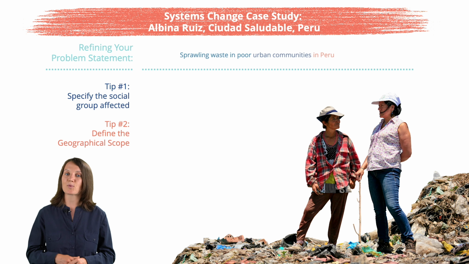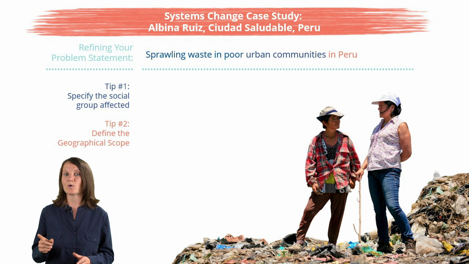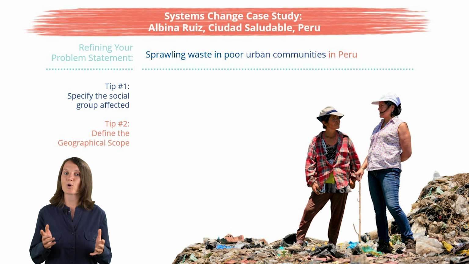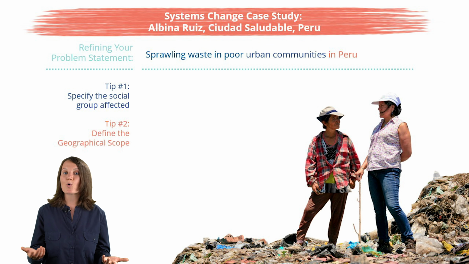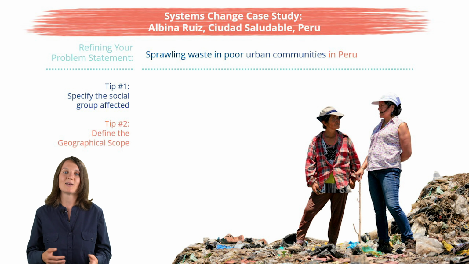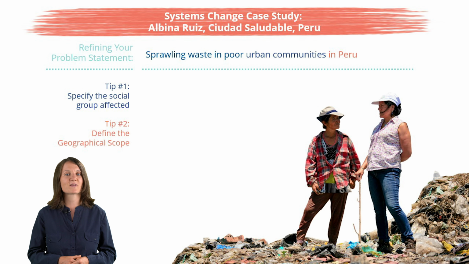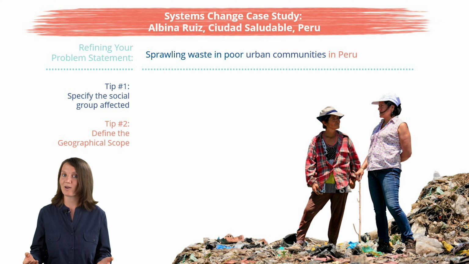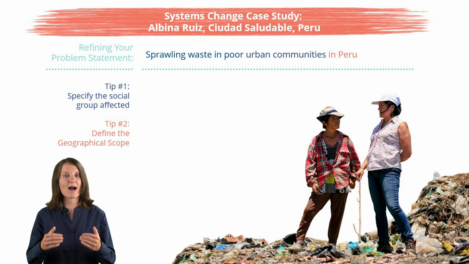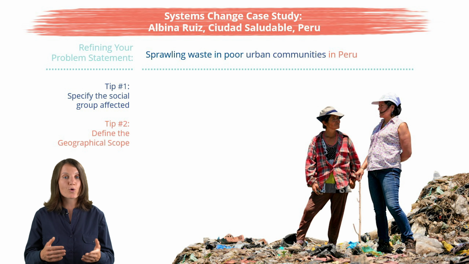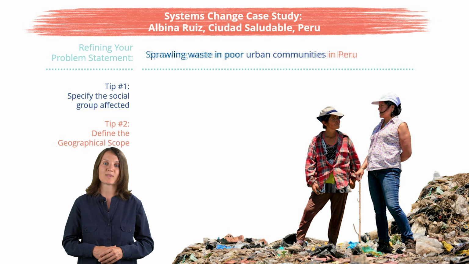Remember that a systemic approach does not necessarily equal big scale, national or international level. Problems that you see at the level of your town or village, organization, and even a family can also become the pivot for the systemic efforts. Town, village, organization, and family, they all are systems. We can specify our example by saying urban communities in Peru.